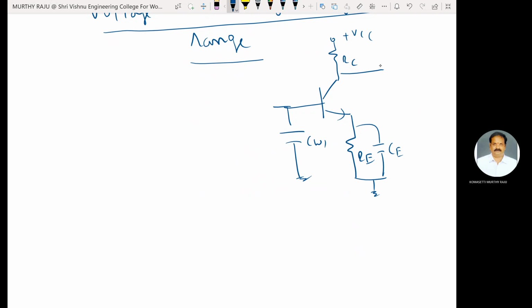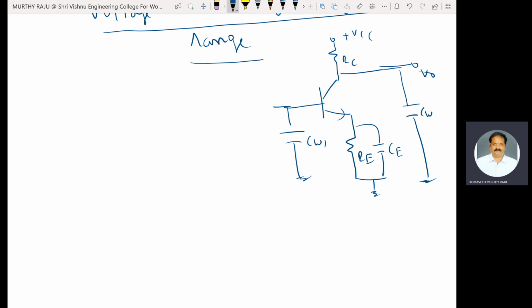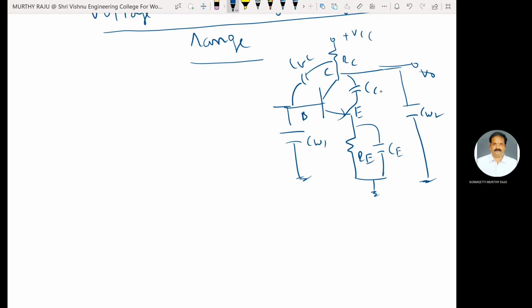CW1. This is the V output. CW2 are the wiring capacitances. This is the base, this one is the emitter. CBC, CBE and CCE capacitances play an important role. Total capacitance is treated as one capacitance CD that is included here.